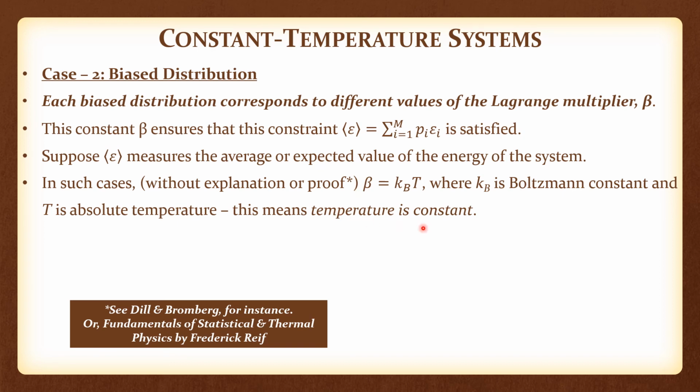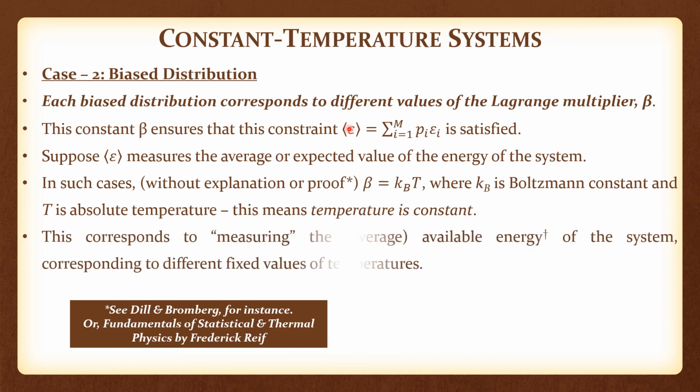This means that for this particular system, temperature is constant. And this constant temperature chooses what kind of measured expected value of the energy you are going to get, subject to maximizing your entropy. So this corresponds to measuring the average available energy of the system corresponding to different fixed values of temperatures.